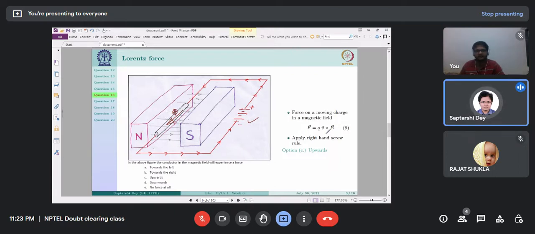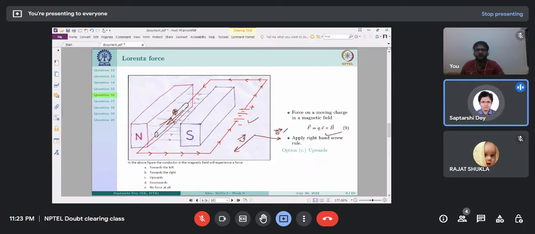Again, we will apply the same Lorentz force here. If I draw it here, this is the direction of V, velocity, and this is the direction of B, magnetic field.